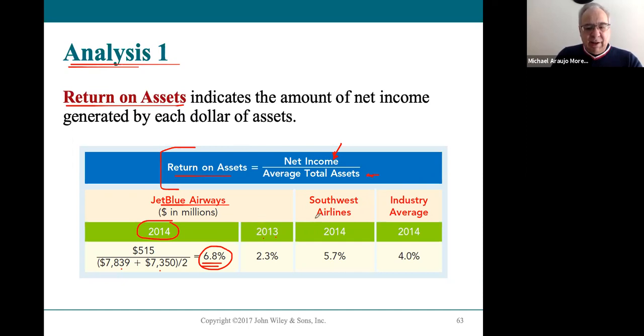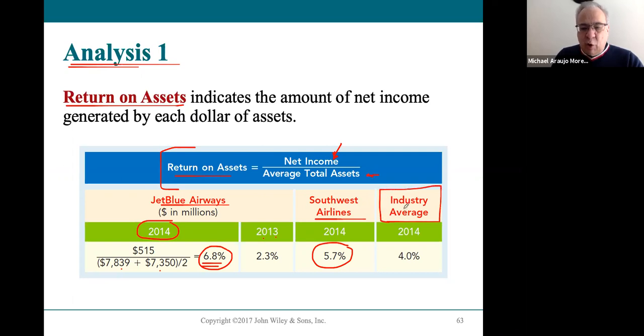Well, how does that compare to Southwest? Well, when Southwest looked at its net income and compared to its average total assets, they had a return on assets of 5.7%, which in this case is also an extremely good ratio. That means they returned well over 5 cents of profit on every dollar of total assets that they have, which is really terrific for a company. The industry is the airline industry.